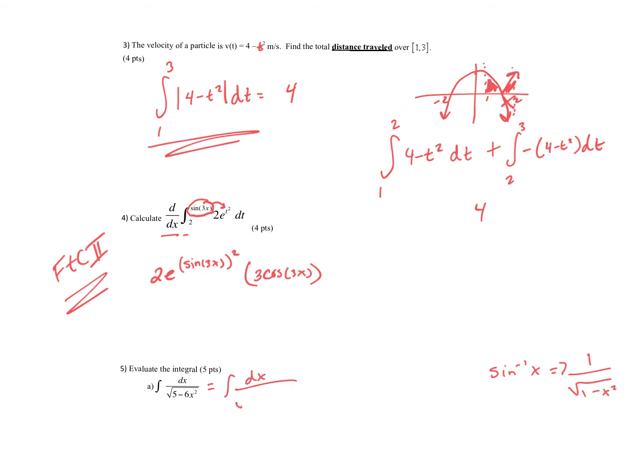So first, factor the 5 out so you find your 1. Take that 5 completely out of the square root, even out of the integral if you want to, but it's square root of 5, square root of 1 minus, and simultaneously, you need a quantity squared here.